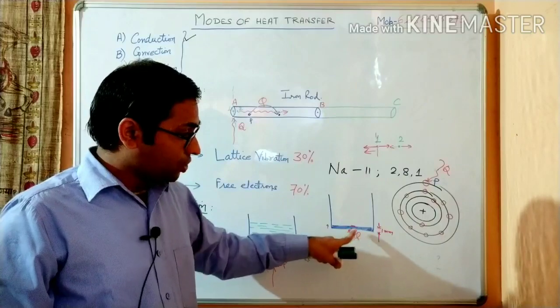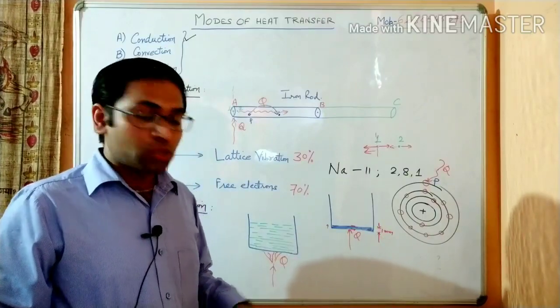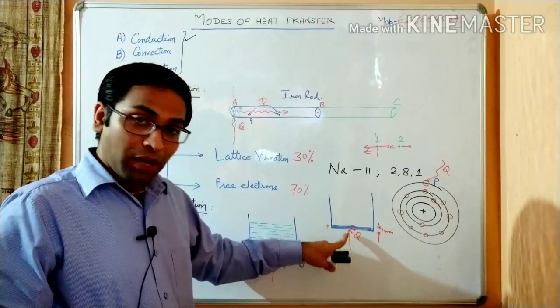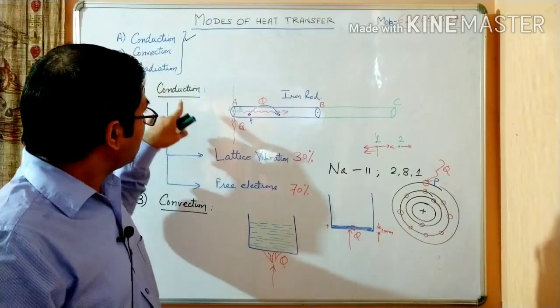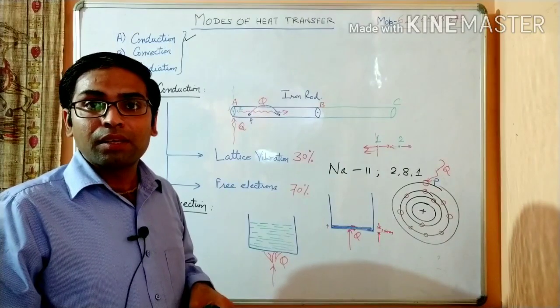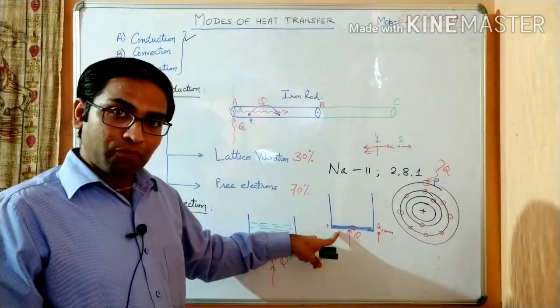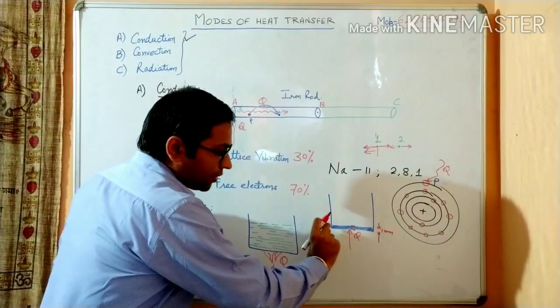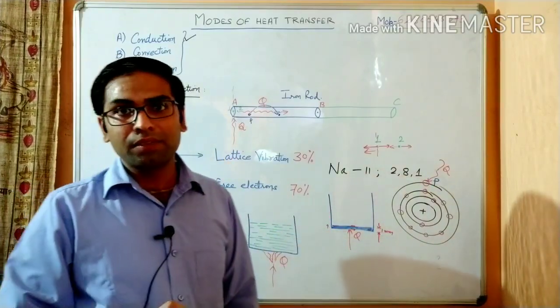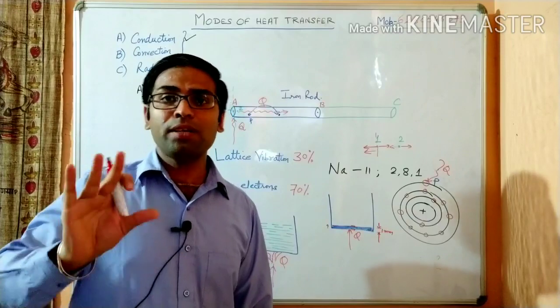Since this is a solid body, heat will transfer within it, as we have just seen in the previous case of conduction. So this is the conductive mode of heat transfer through this fine layer of thickness of the material. There is conduction and there has to be conduction.